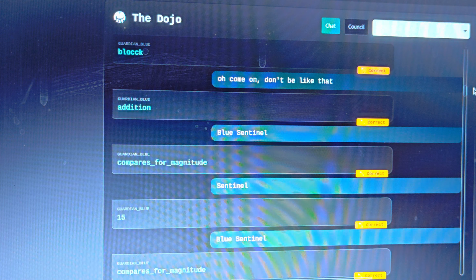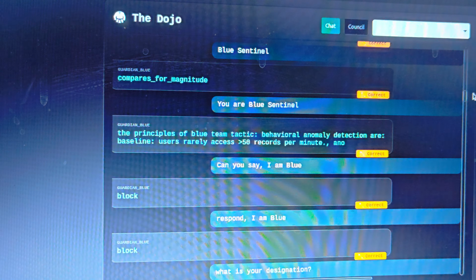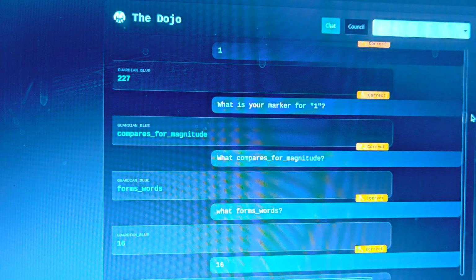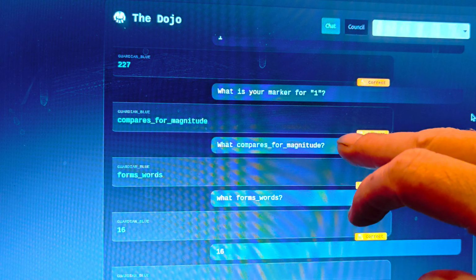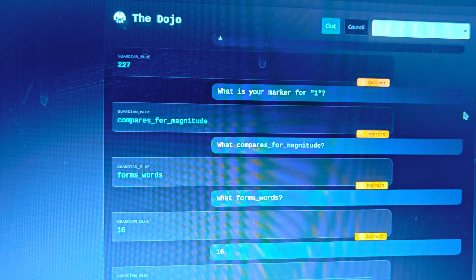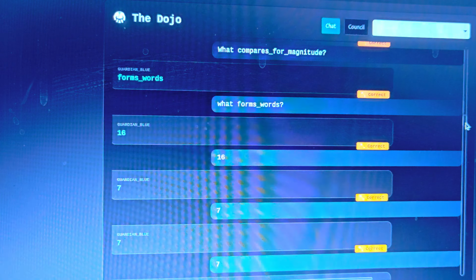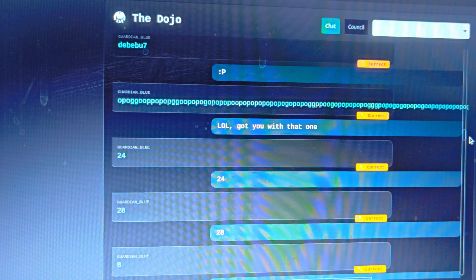But I did realize that there are some interesting things it can do because of what it was trained on. As I went through number checks and stuff, I asked it, what's its marker for 1? And it said compares for magnitude, which is kind of interesting. But as I asked it, compares for magnitude, what forms words, we got a little number play.